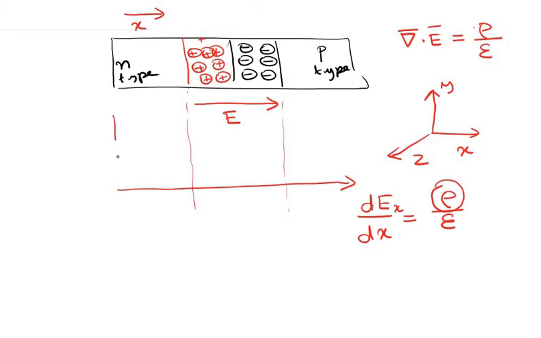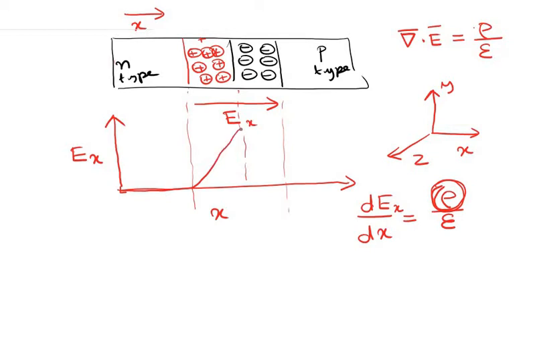So if I plot this electric field versus distance here, the electric field is 0 in the neutral semiconductor, and then as we enter the depletion region, as I stated, if this rho is positive, the electric field is increasing because dE/dx is positive. So electric field is increasing like this.